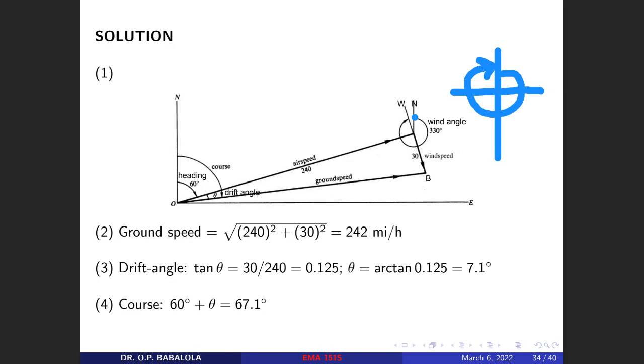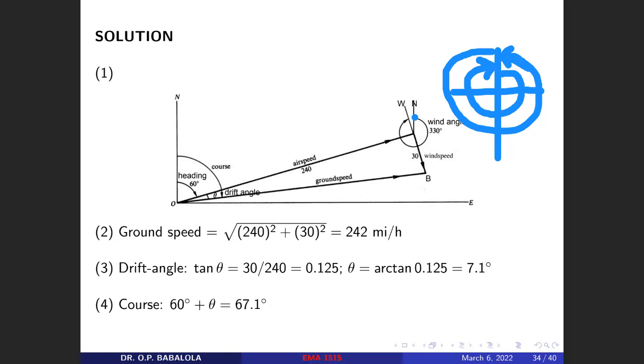While you may want to think it should go this way, right? But can someone tell me why it's going clockwise? I've drawn two directions here. One is anti-clockwise, and we know normally when we want to compute our angles, we must compute them anti-clockwise.